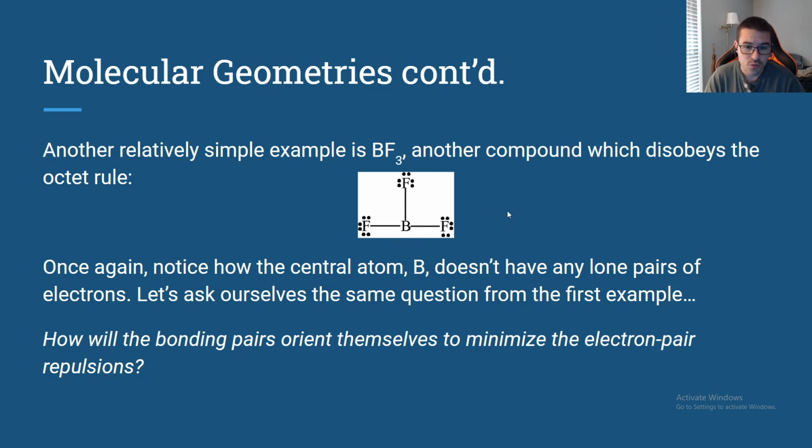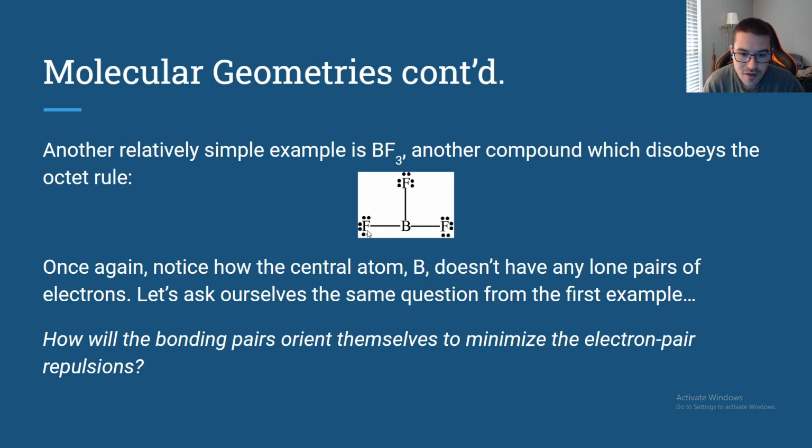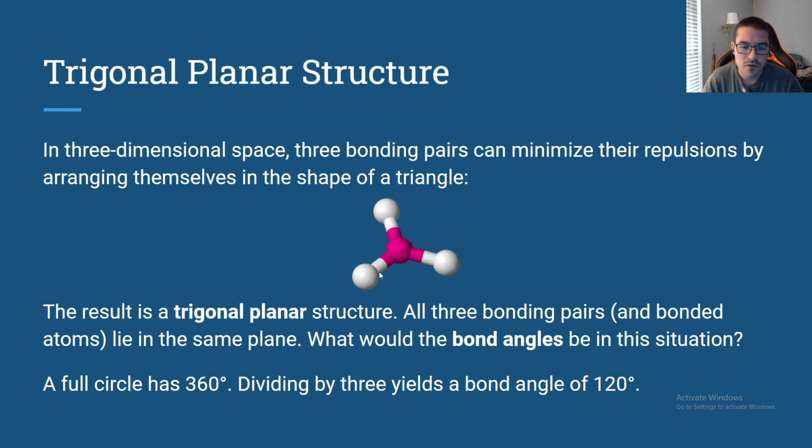So the actual structure is what is called a trigonal planar structure. The 3 bonding pairs can minimize their repulsions by arranging themselves in something of a triangle. If I take these 2 fluorines here and bend them down a bit to achieve this triangular structure, that is the true molecular geometry for BF3.